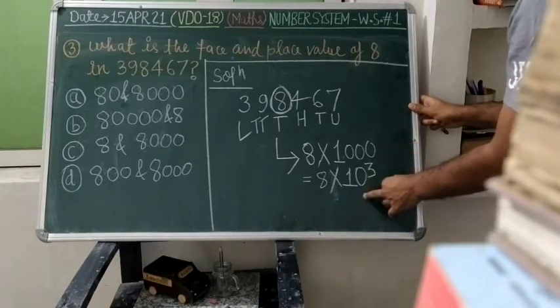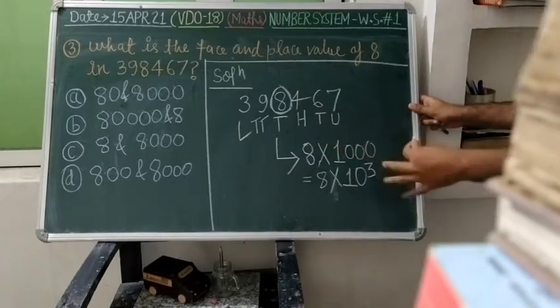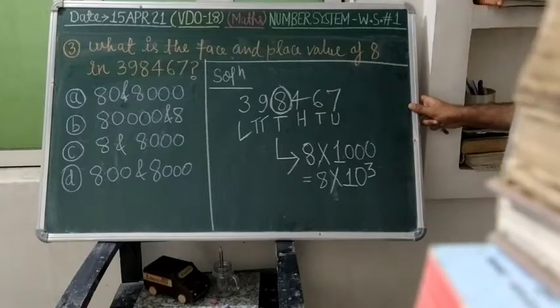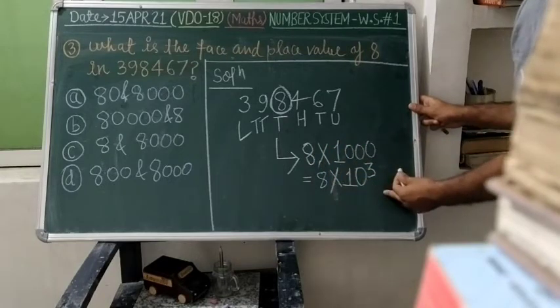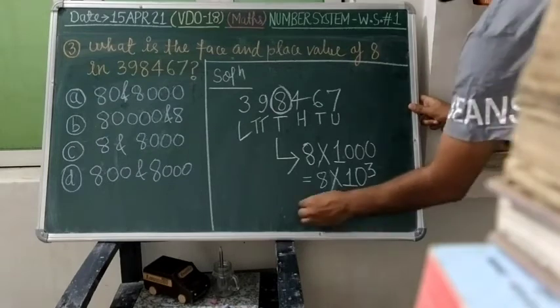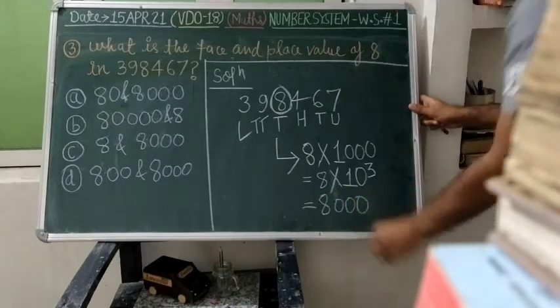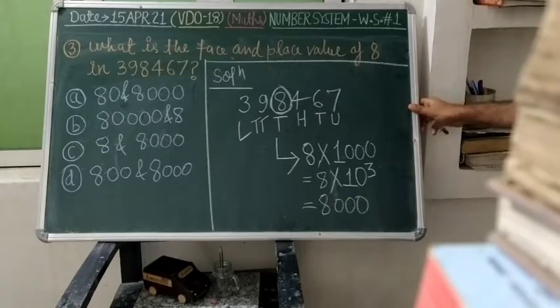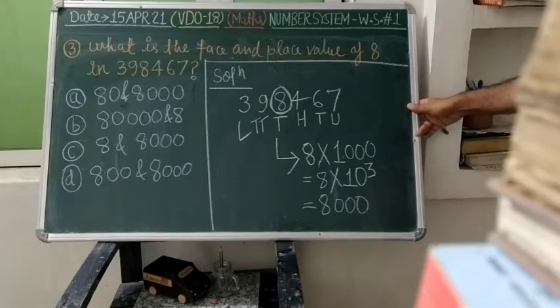The crown means the power of 10. So the power of any number will be the crown on the head of the number. You can write this 8 into 1000 as 8 into 10 to the power 3, which is nothing but 8000 only. You see, 8 is situated at the thousands place.